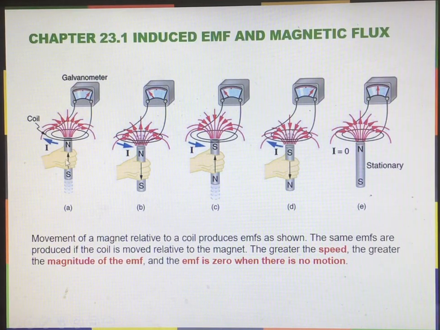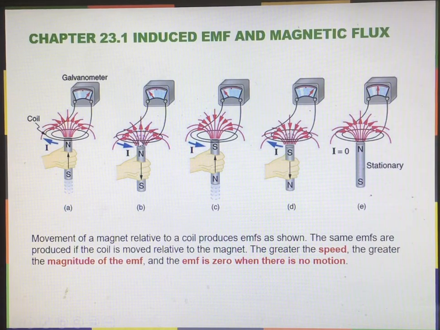So let's look at the first picture right here. In the first picture, you have a bar magnet with the south at the bottom and the north at the top. So when you move this up through the coil, this will generate a current that is going in the clockwise direction, and this is going to cause the galvanometer to deflect to the right.